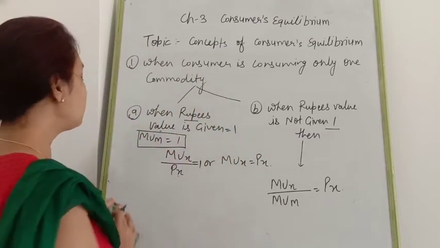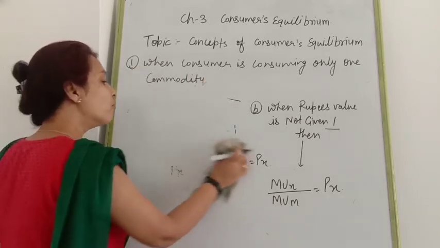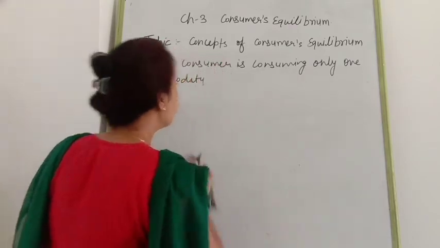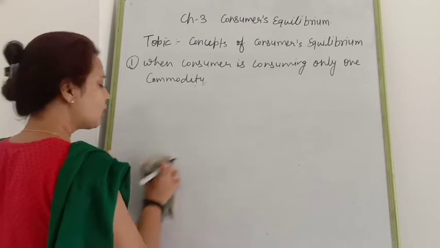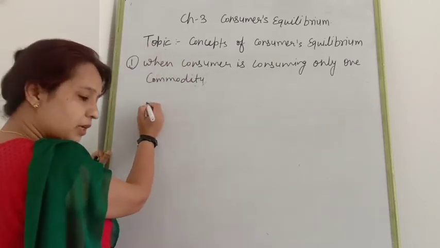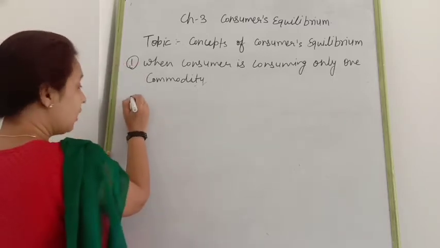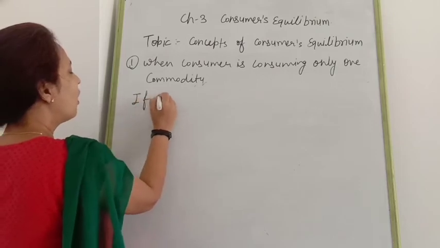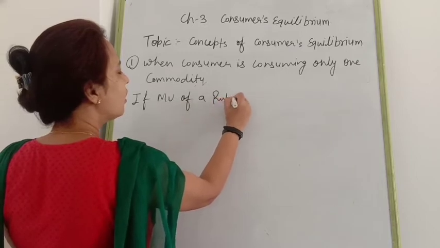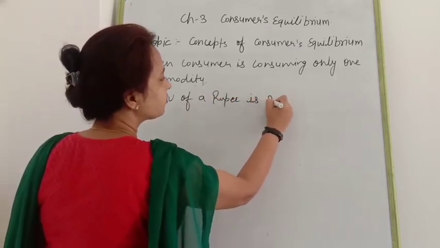Now first, suppose the MU of a rupee is given in the question. It means marginal utility of money, marginal utility of rupee, is given in the question, and in that condition how are we going to find the consumer equilibrium? Suppose a person is going to consume a commodity in which the MU of a rupee that is given in the question is 2 utils.